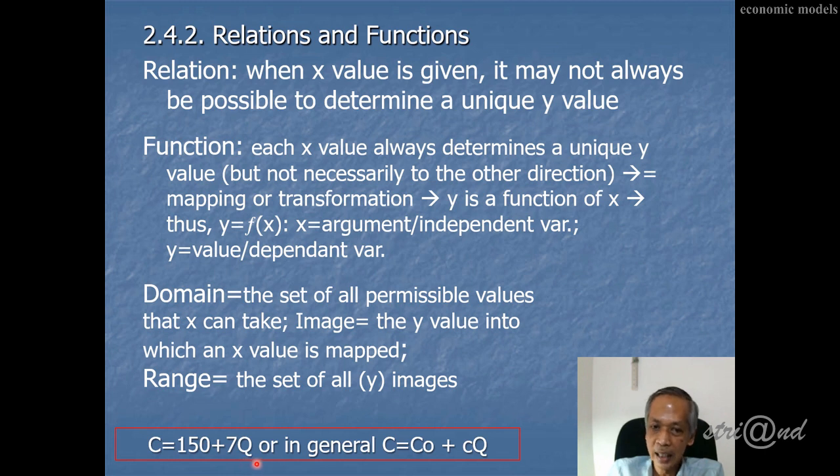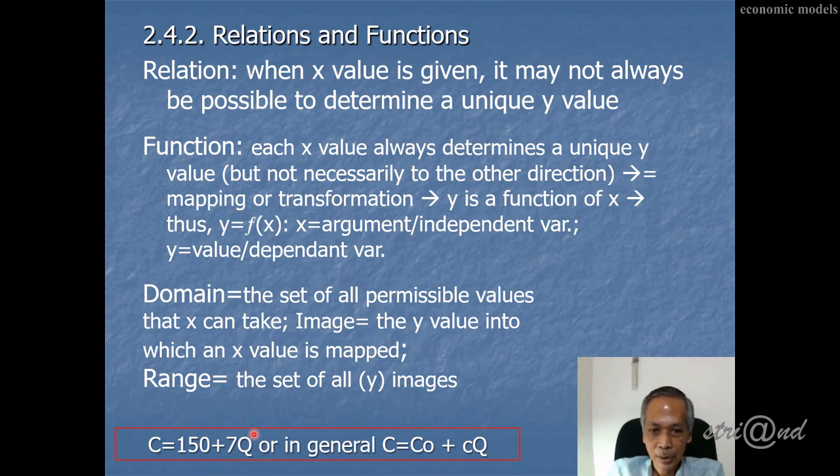So I can say that in this example, the domain for q is positive values. It is from 0 to 1, 2, 3, 4, 5, 6, and so on. So positive values are the domain for the quantity in our example. Okay.